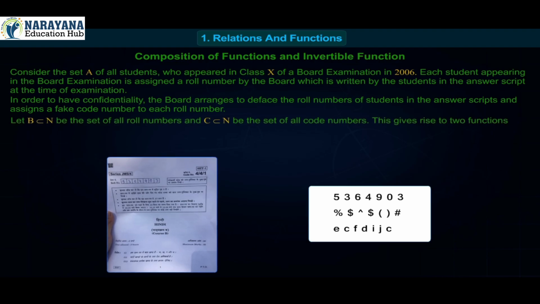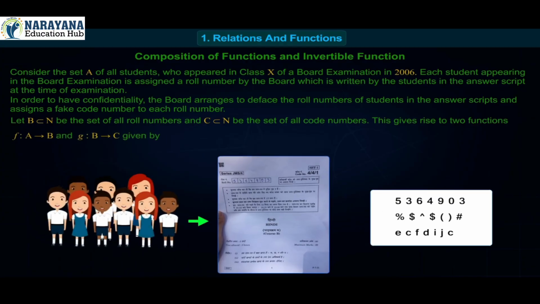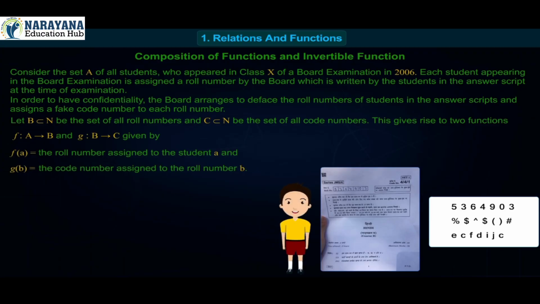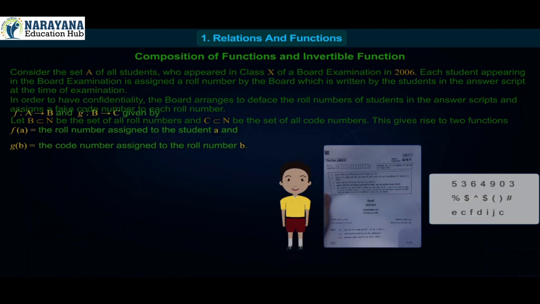Let B be a subset of N with the set of all roll numbers and C be a subset of N with the set of all code numbers. This gives rise to two functions f from A to B and g from B to C, given by f of a is equal to the roll number assigned to the student a and g of b is equal to the code number assigned to the roll number b.